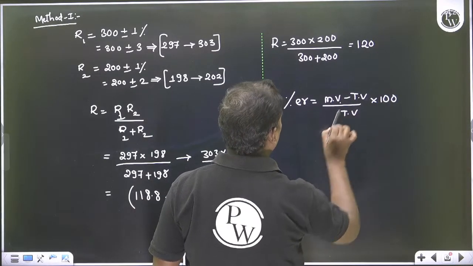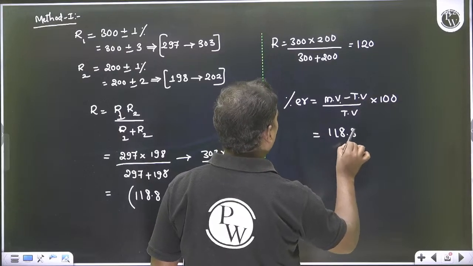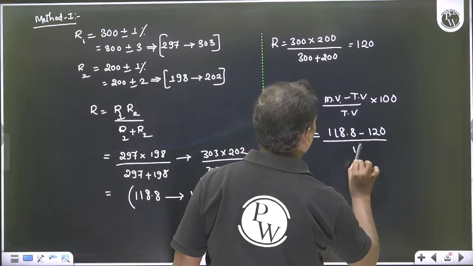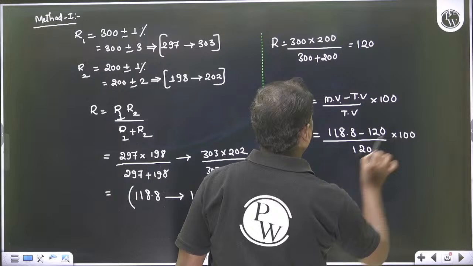So 118.8 minus 120 divided by 120 into 100 comes around 1%. In 120, if you take 1%, that is 1.2, so 120 minus 1.2 and 120 plus 1.2, which gives 121.2.